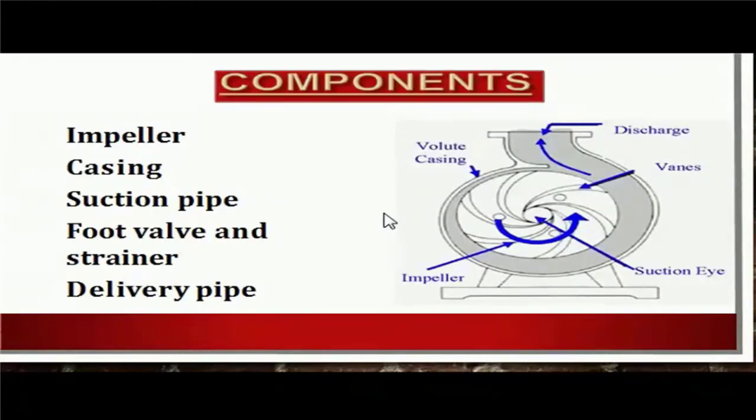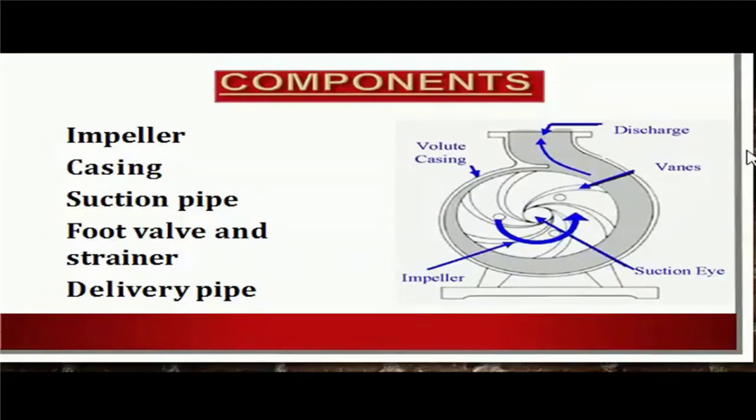These are the important components of centrifugal pump, which include impeller, casing, suction pipe, footwall and strainer, and last, delivery pipe. As you can see in this picture, this is the impeller, this is the volute casing, these are the vanes which are situated on the impeller, this is the eye of the impeller.